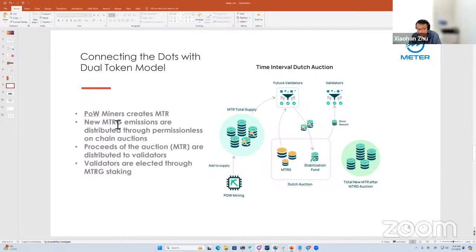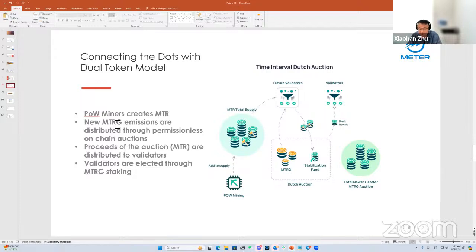And then the validator can either decide to just keep the MTR token or participate in the auction. We have an automatic participation option for the validators as well. So you can choose whether you want to receive MTR token directly or participate in the auction to convert it to the MTRG governance token for validation.